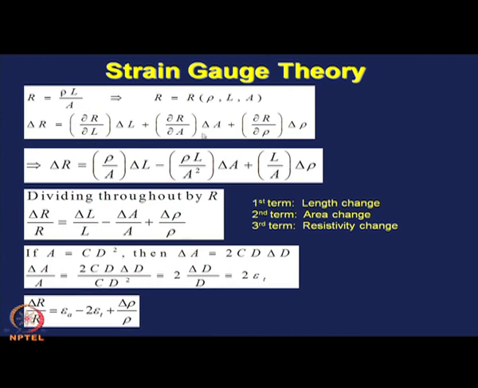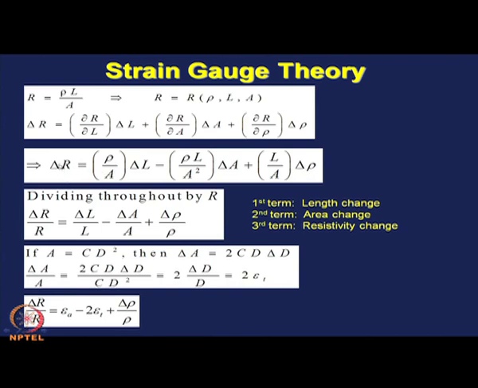Now, these partial derivatives can be found from the equation R equals rho into L divided by A. So, we can write delta R as rho by A into delta L minus rho L by A square into delta A plus L by A into delta rho.